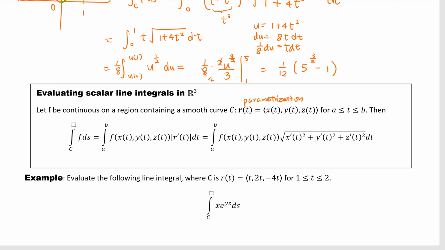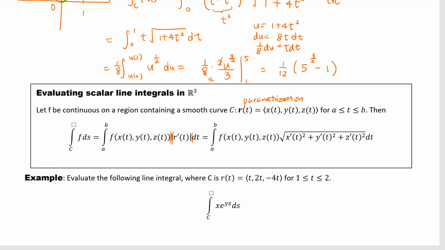Gamma of t equals x of t, y of t, z of t. Now we have 3 coordinates, okay? And t goes from a to b. Then the line integral equals the integral from t equals a to b of f of x, y, z in terms of t times the speed, okay?